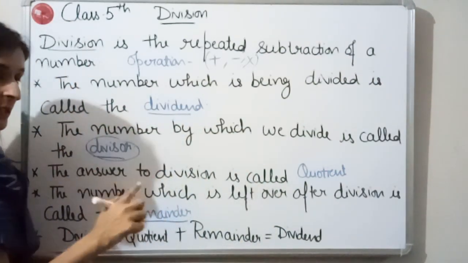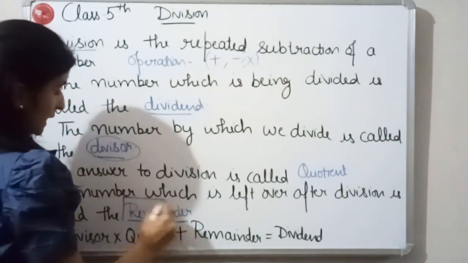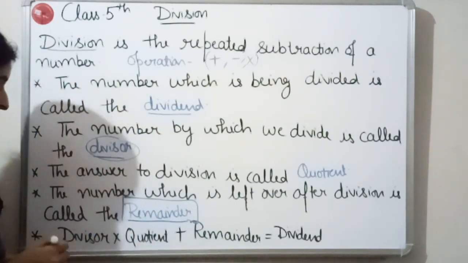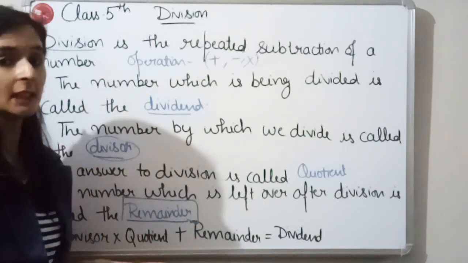That means division करने के बाद जो number बच जाता है उसे क्या बोलते हैं? Remainder.